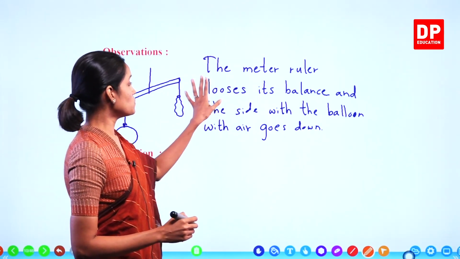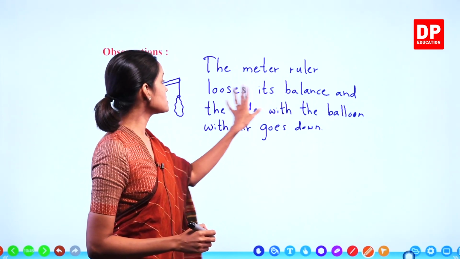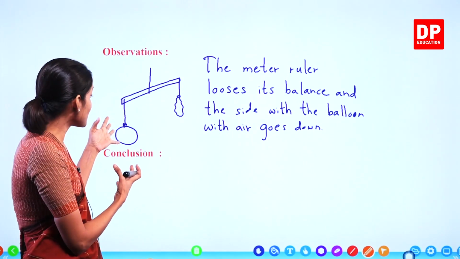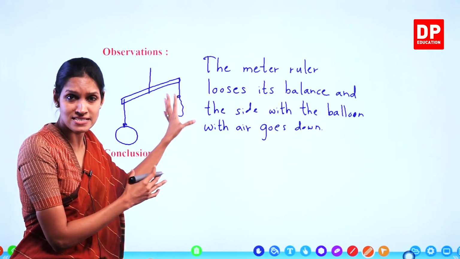The meter ruler loses its balance and the side with the balloon with air goes down. It means this side is heavier than this side, isn't it, children?